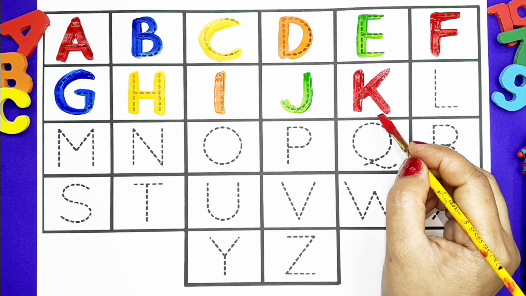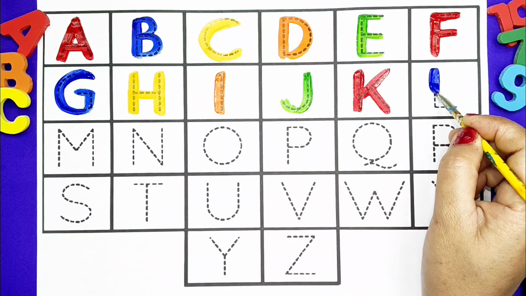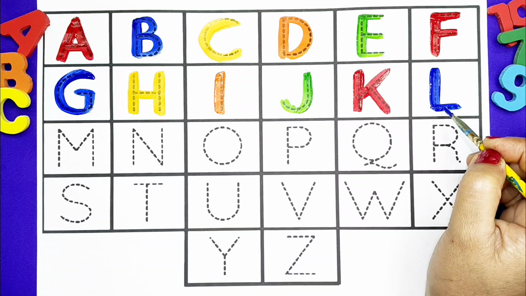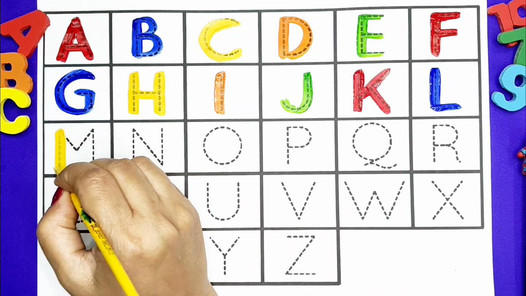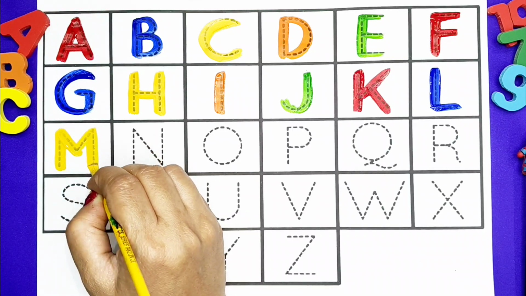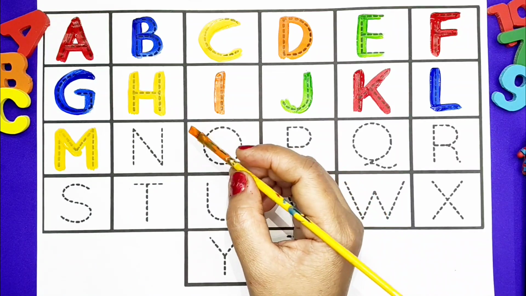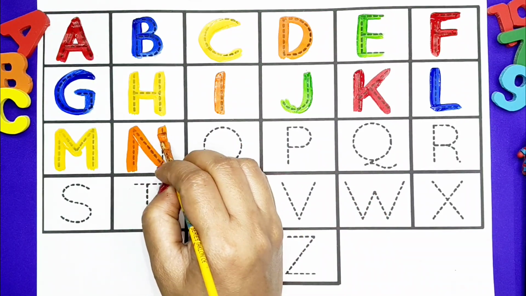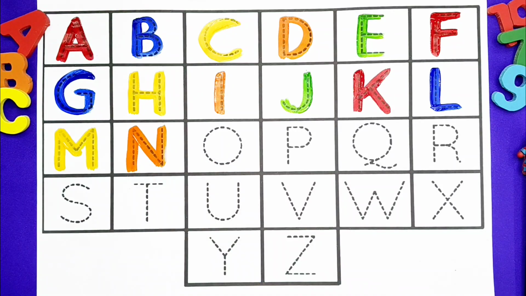Red color, K, K for kite. Blue color, L, L for lion. Yellow color, M, M for mango. Orange color, N, N for nose.